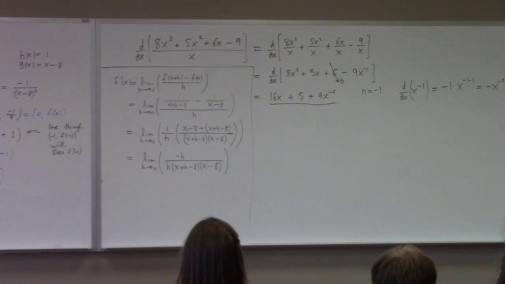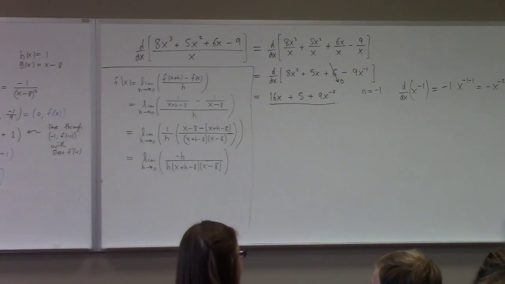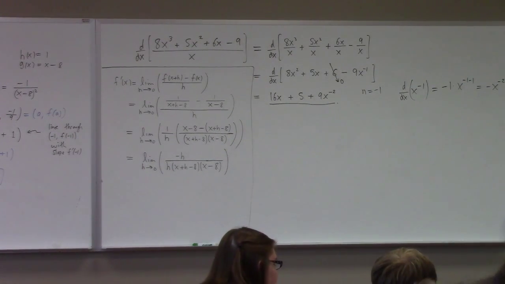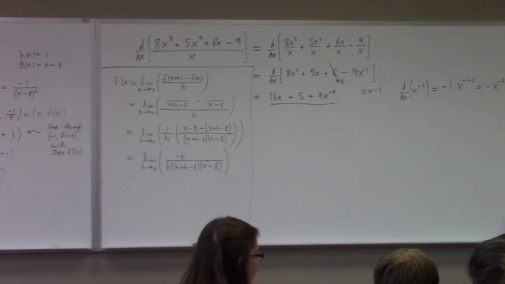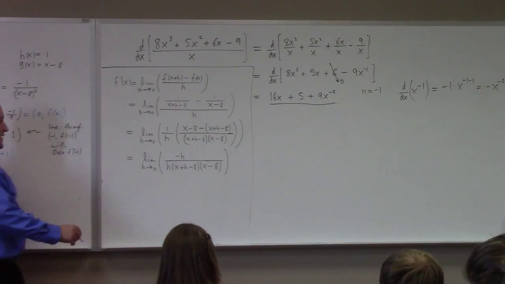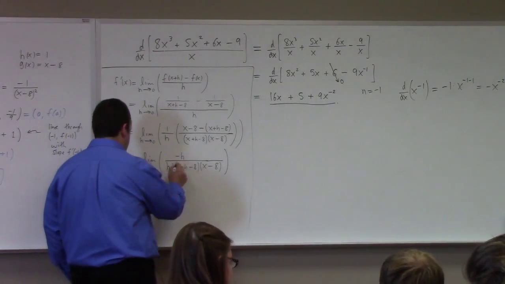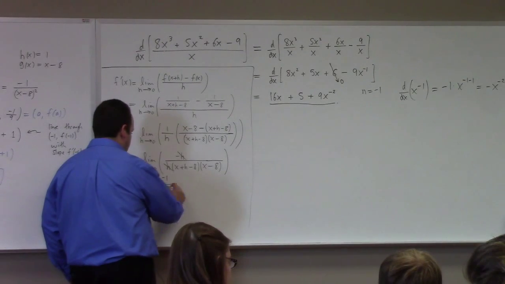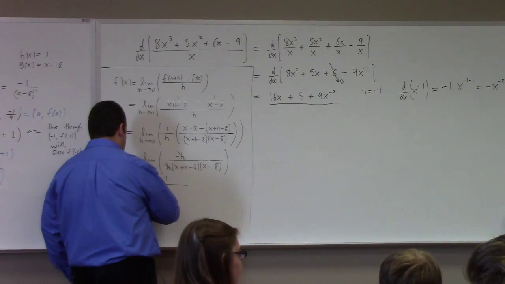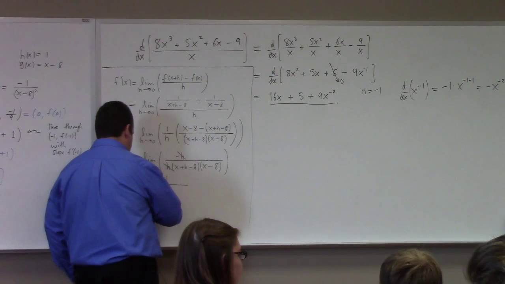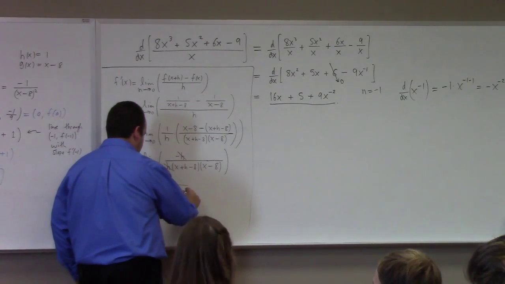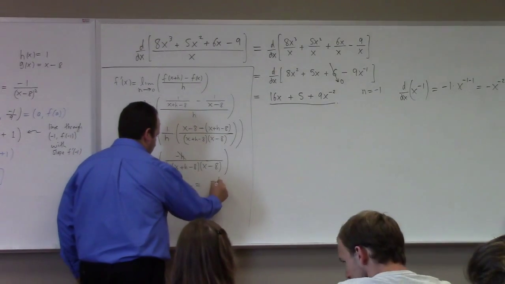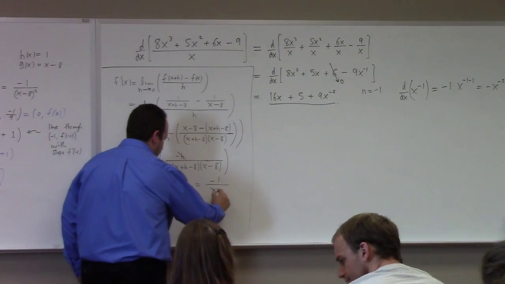Do you agree? You see the x's cancel, the 8's cancel. You're just left with an h. Yeah, negative h, sorry. And then they reduce, right? Those cancel out, leaving you a minus 1. And so we end up with minus 1 over x plus 0 minus 8 times x minus 8, which of course is just what we found before with the quotient rule: minus 1 over x minus 8 quantity squared.